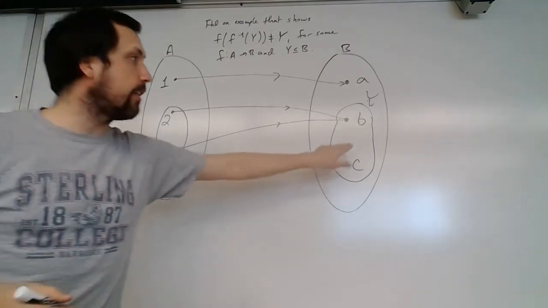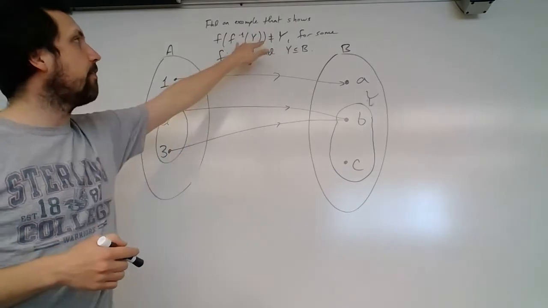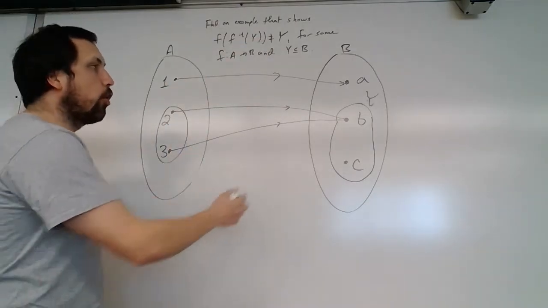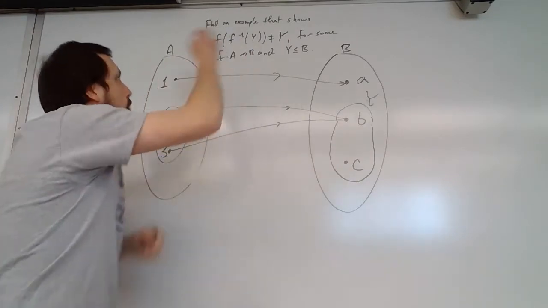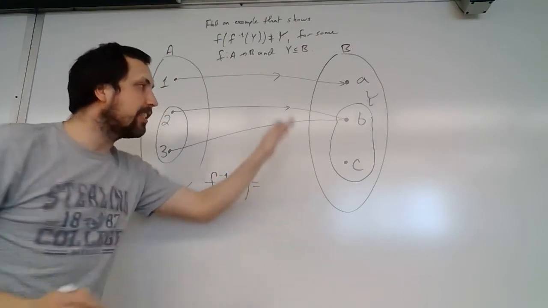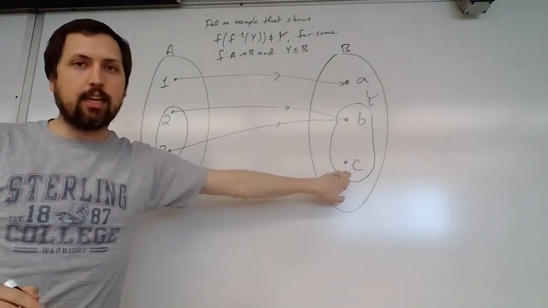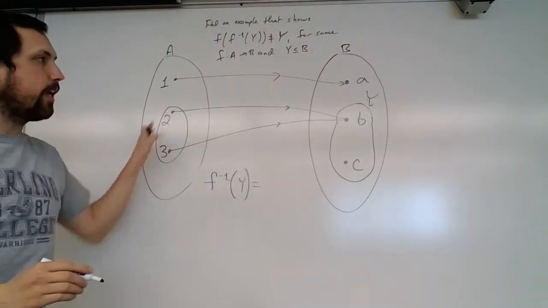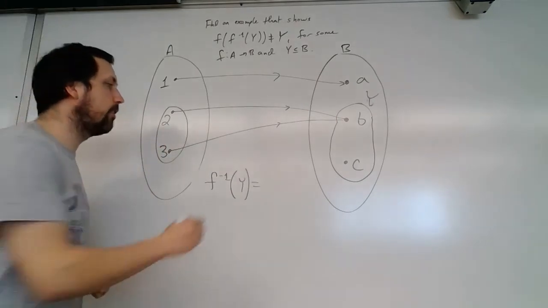So because of this, let's see what happens now if we can try to verify this for this case. So our Y is now the set containing both the elements B and C. So if we look at the inverse image of Y, well, that's just the same thing that we had last time because nothing gets mapped to C. So the only elements in our domain that get mapped to something in Y are simply the set containing 2 and 3.